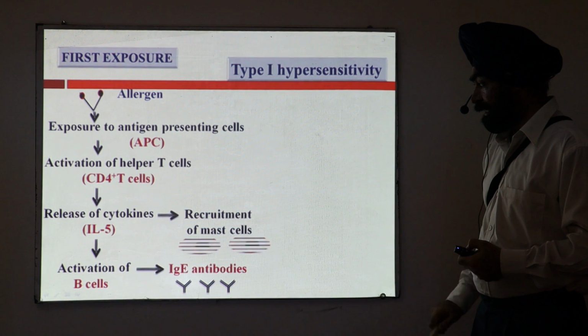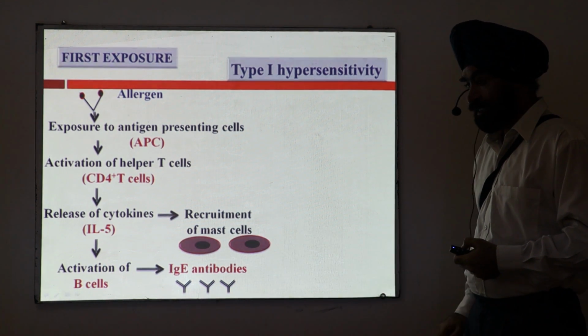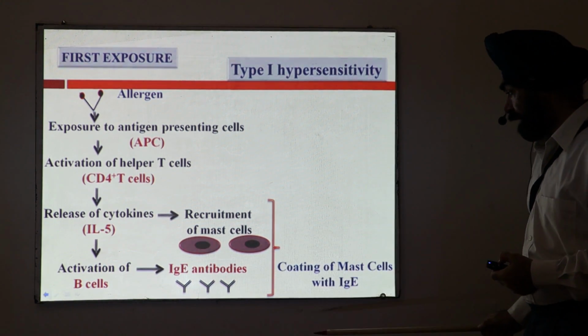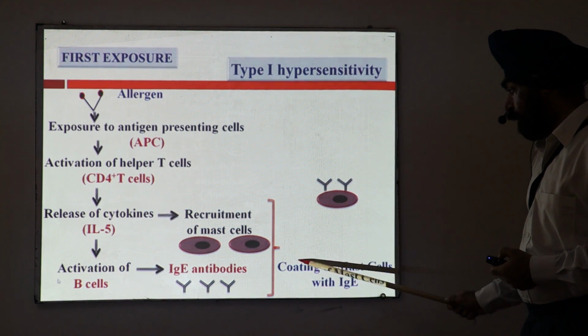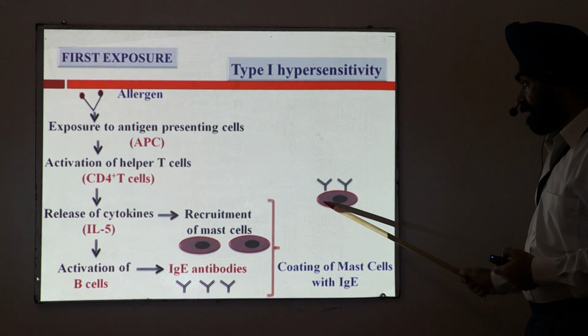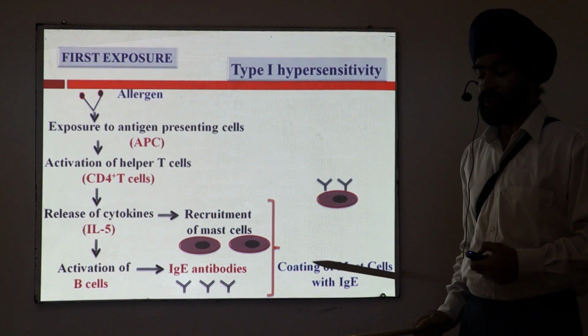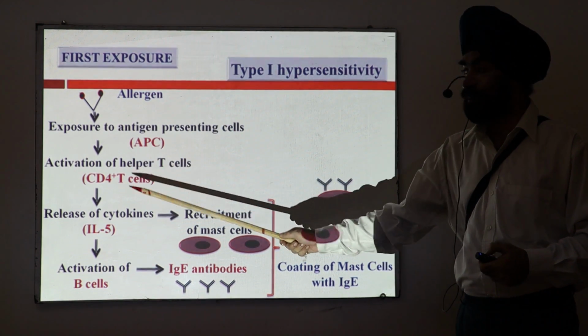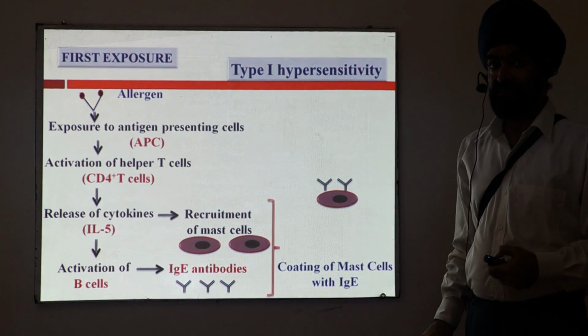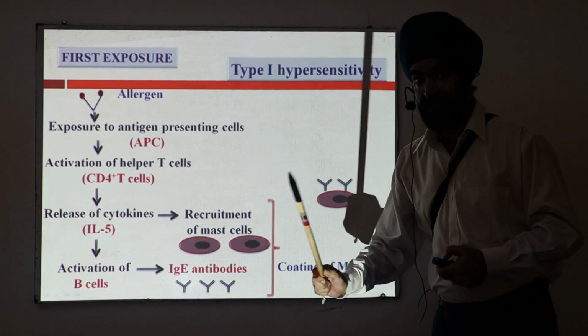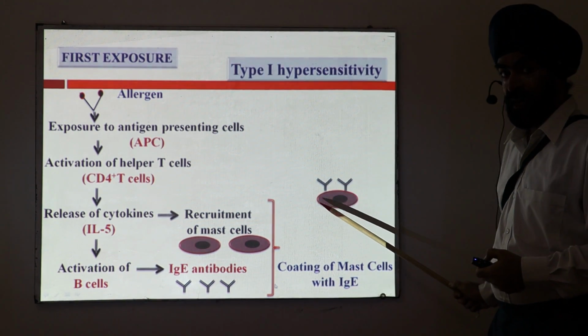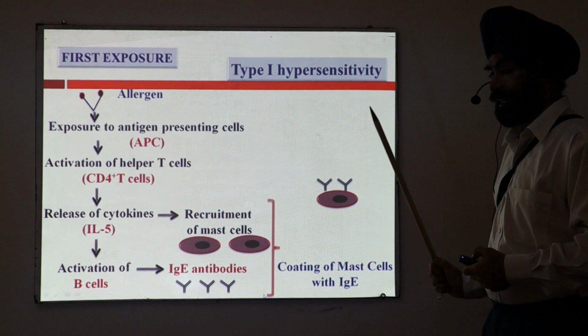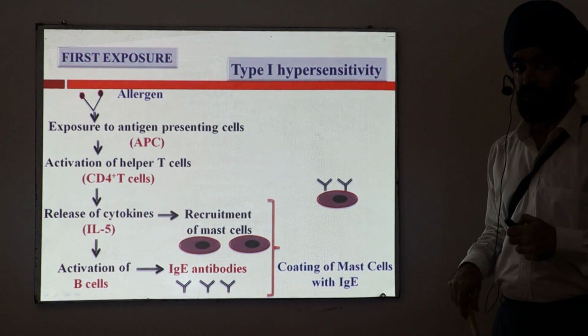Now these two will interact. These are the mast cells. They will interact so that mast cells are coated with IgE. These are mast cells coated with the IgE antibodies. This is the first thing which happens in type 1 hypersensitivity reactions in the first exposure, that is, the mast cells are coated with the IgE antibodies. Now they are present in our body.